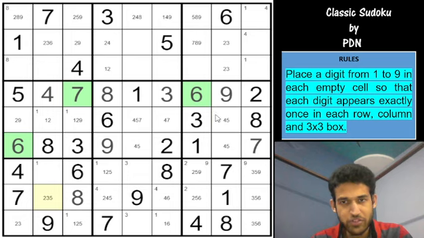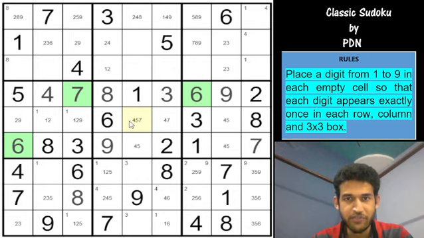So I can actually use something called a unique rectangle in these two cells. I can straight away say that this cell cannot be 4 or a 5, and I can simply put the 7 here. If this were a competition, I would have done that, but since this is a live solve and we're solving for fun, let's try to find the logic. And how am I able to say that this is not a 7? Because any Sudoku I know will have only a unique solution.